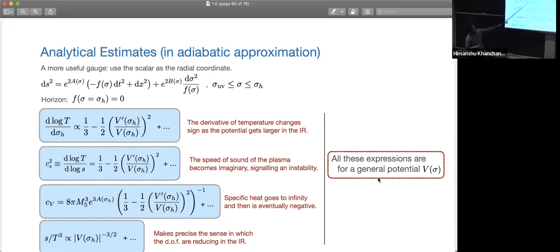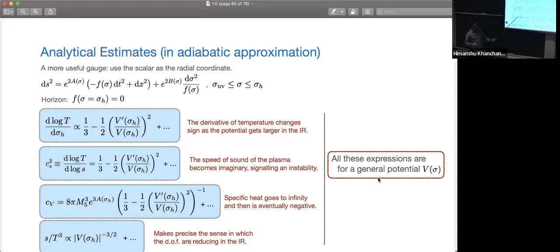It turns out this is the same term which shows up in the speed of sound squared. If there was nothing else going on, entropy is supposed to scale as T cubed, just by dimensional analysis, so this would give you just 1/3. But now because of the back reaction, you get this term. Notice that this is the speed of sound squared, so the speed of sound will become imaginary at some point.